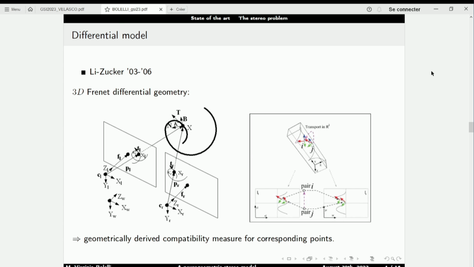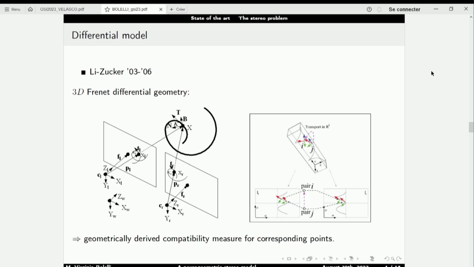Moreover, they were able to solve the stereo correspondence, transporting these Frenet frames along suitable curves that are helices, basically defining a geometric measure to describe the compatibility between corresponding points.